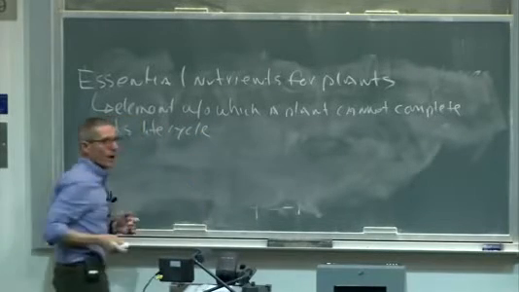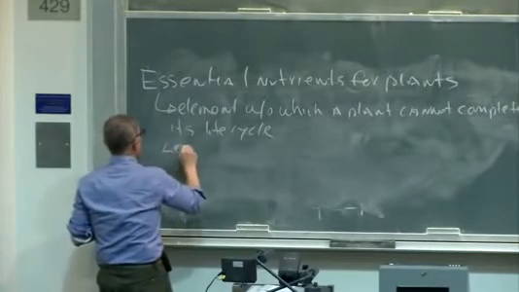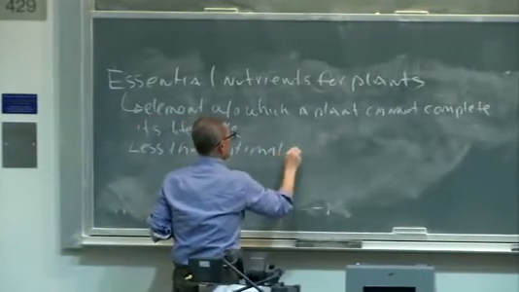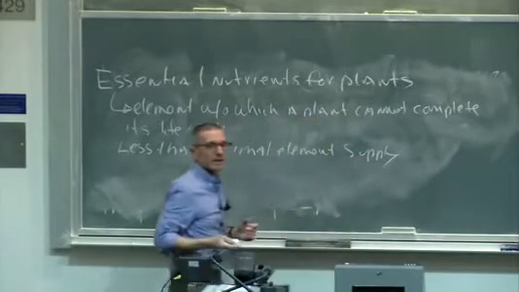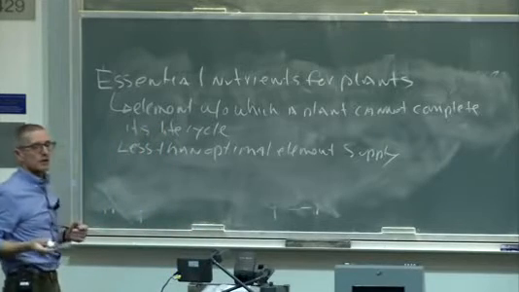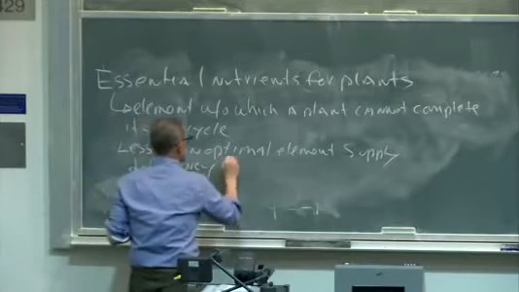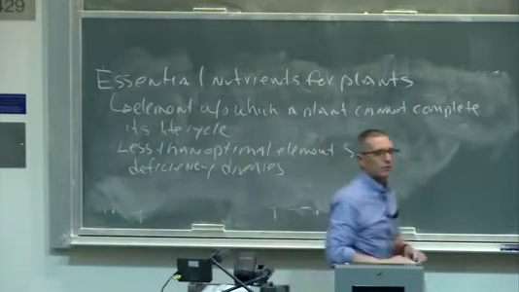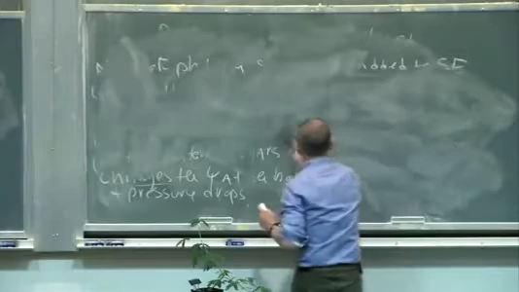Now, in most cases, no element is completely absent from the environment, and so a less than optimal element supply doesn't result in the death of the plant, but results in things that are known as deficiency diseases. And this is what most of you are encountering in the plants that you are growing in your dorm room, assuming that they're not attacked by either a microbe or some insect.